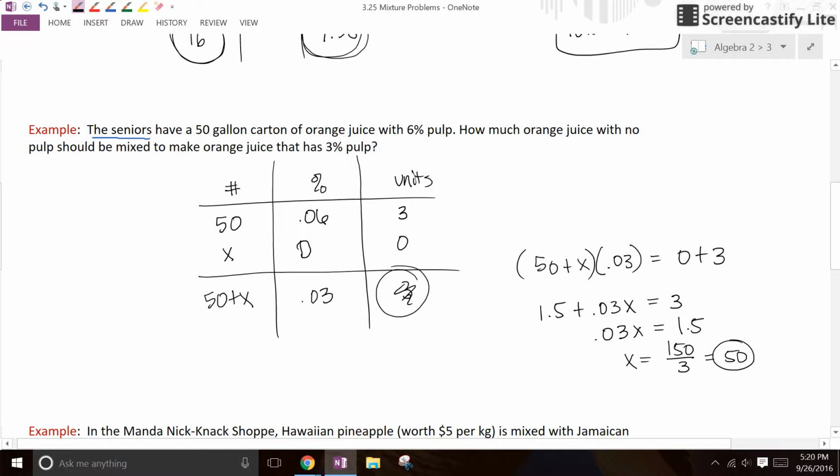So that says add 50 gallons of pulp-free orange juice in order to make yourself a mixture that is 3%. Now that I think about it, that kind of made sense and was kind of silly. But that's good that the math worked out, because if I did 50 gallons of 6% and then 50 gallons of none, then you'll have 100 gallons of 3%, because that's really the mean of the two.